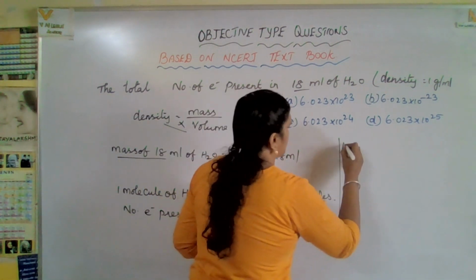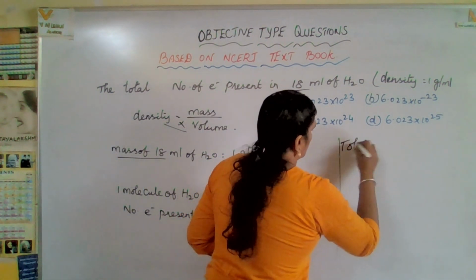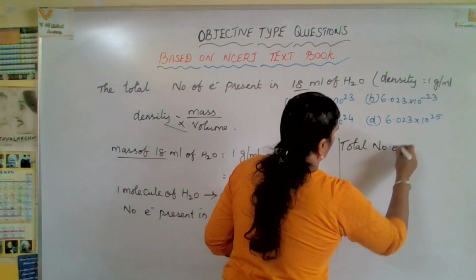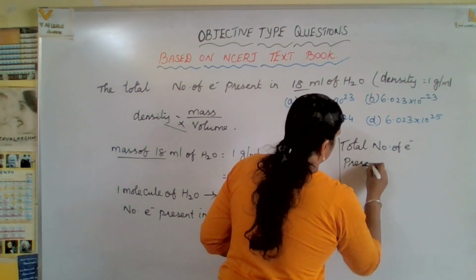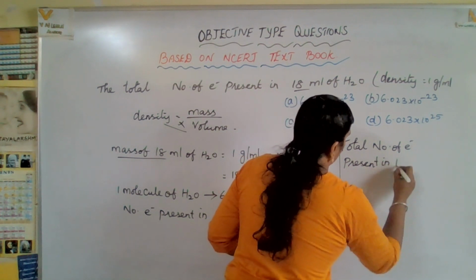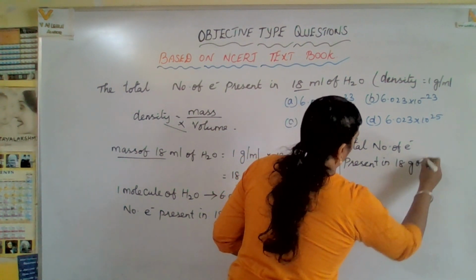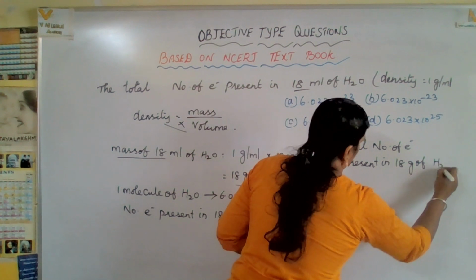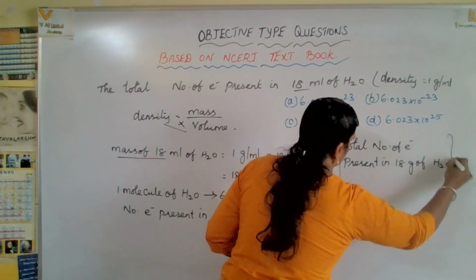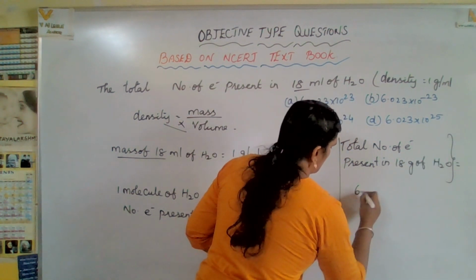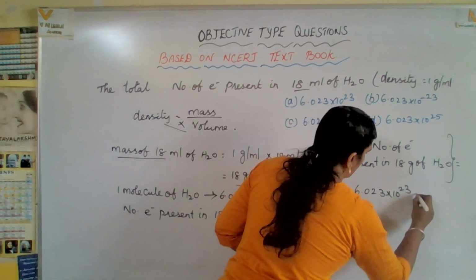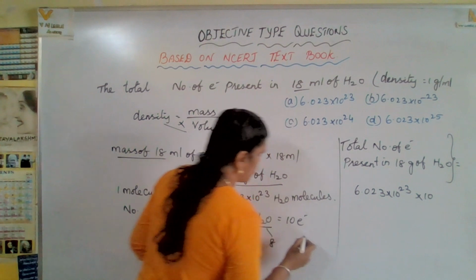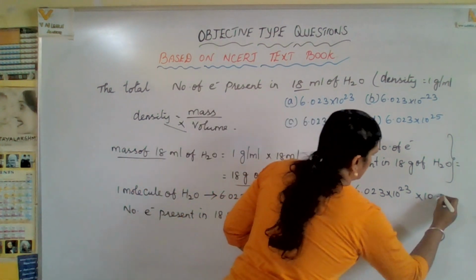So total number of electrons present in 18 gram of water equal to 6.023 into 10 to the power of 23 into 10 electrons.